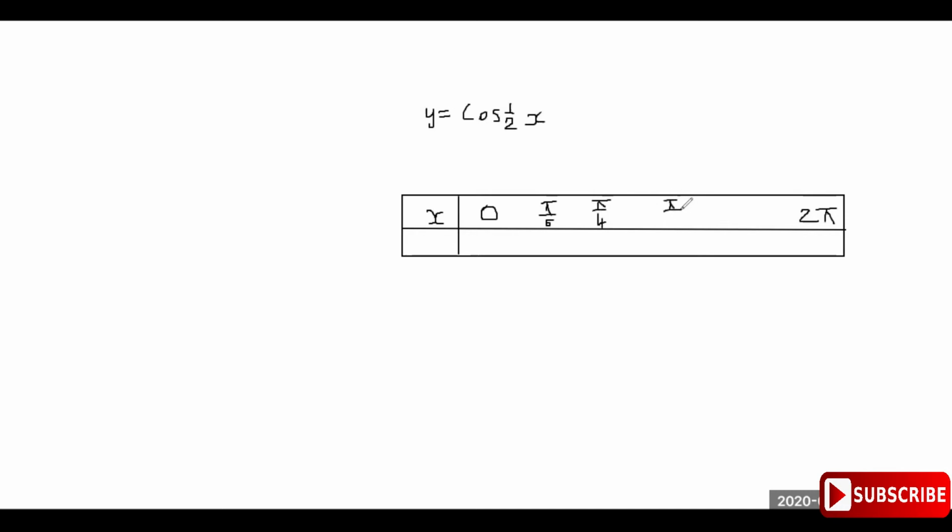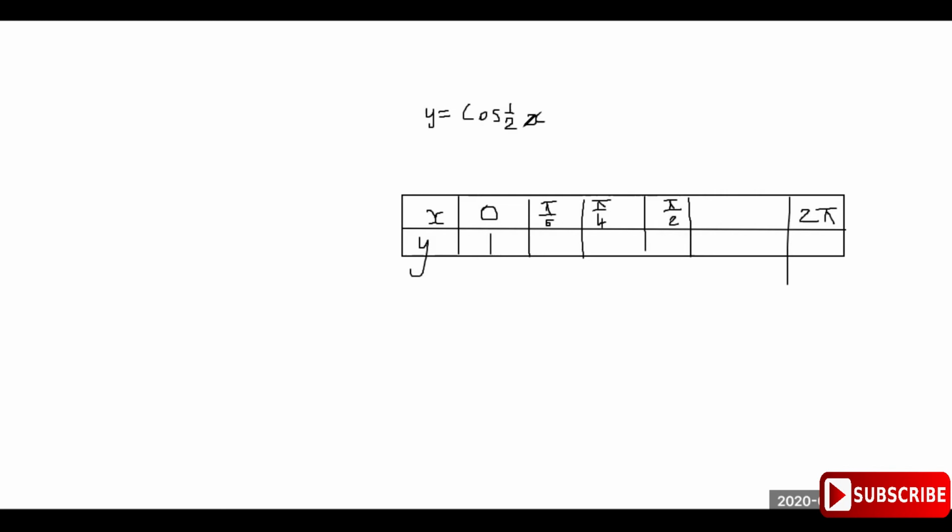So let's observe these values. All right, we'll get an idea of what's happening. So skip out some values. Now when we put in 0, what we're going to get is that the cosine of 0 is 1. When we put in pi by 6, that would be the cosine of a half times pi by 6, which is pi by 12.